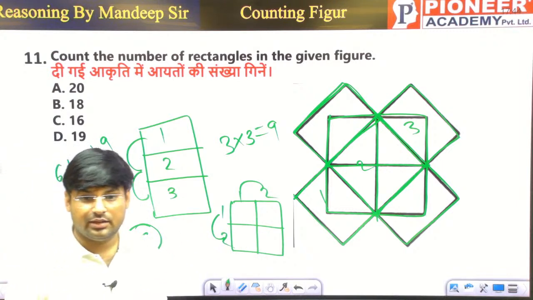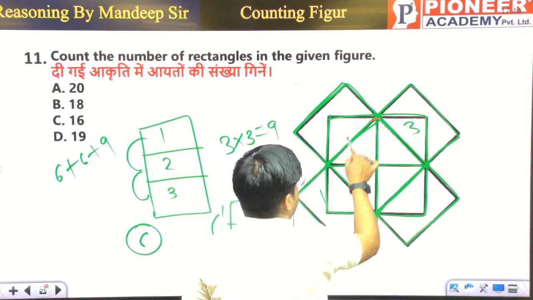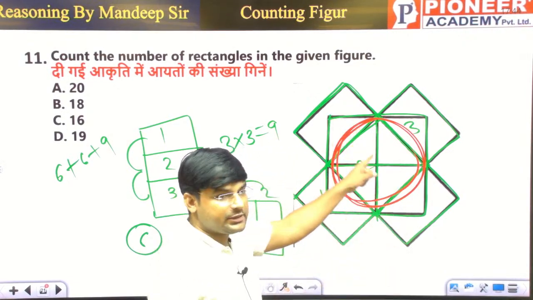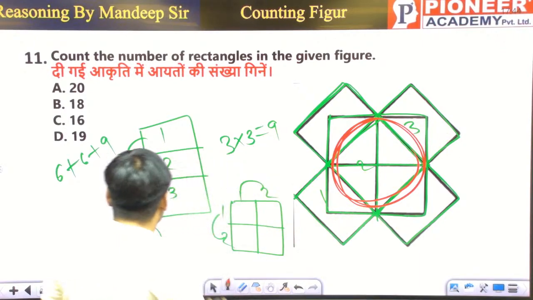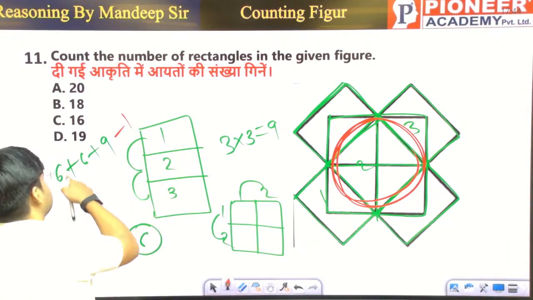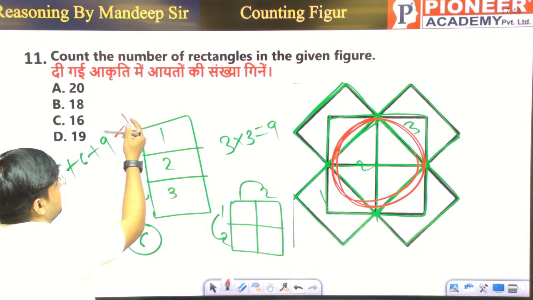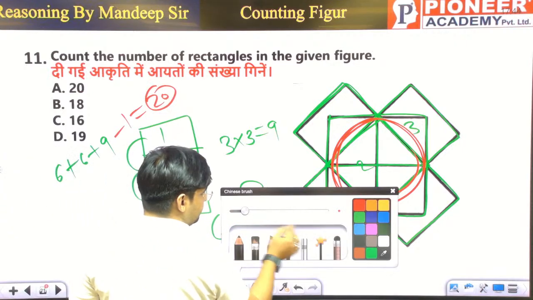But these parts are common. We have to count this part in this figure and also in this figure. So we have to do minus 1. 21 minus 1, 20. There are 20 rectangles in this figure.